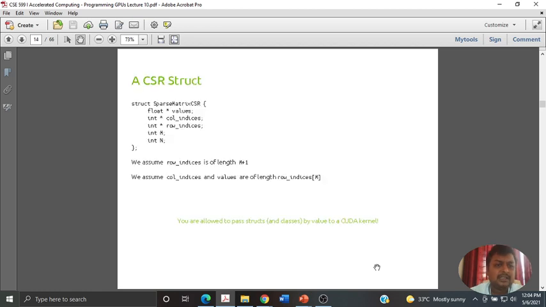Whenever you are writing code, what is important for us is the column indices and row indices; you are not storing all the rows, only the index of the beginning element of each row, and you keep storing those. That is indicated, and the number of rows and number of columns you pass whenever you are forming a CSR structure.